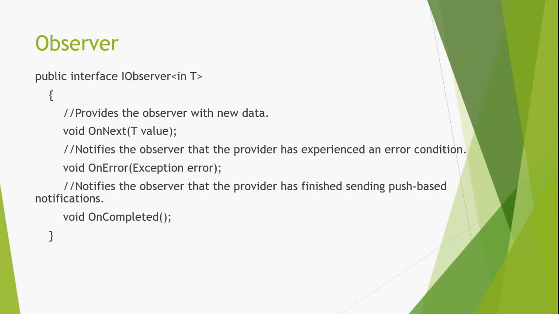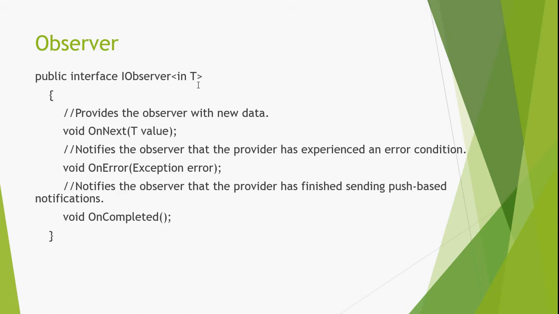In this text content, IObserver has the keyword in, and there is a generic type parameter here. So we have three keywords here: in, out, and ref, and each one contains different features. If we are using in, then we cannot change the value after the method.